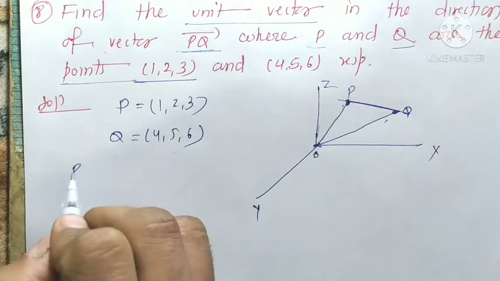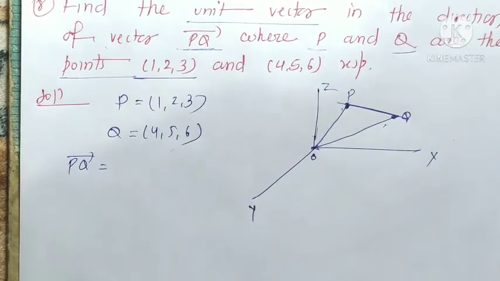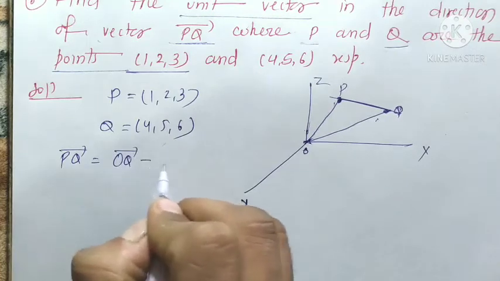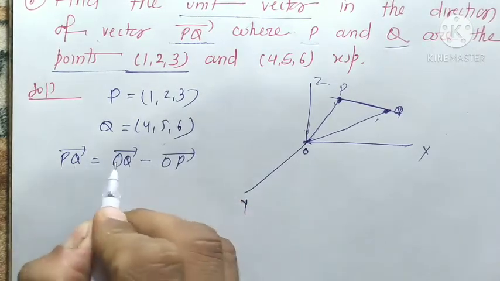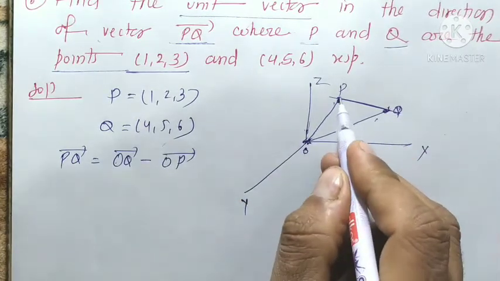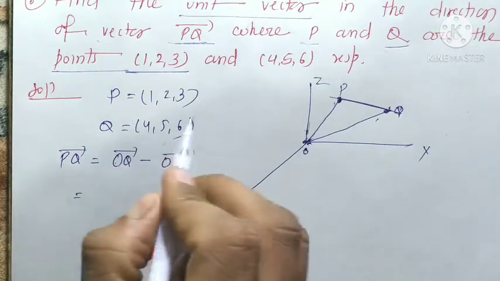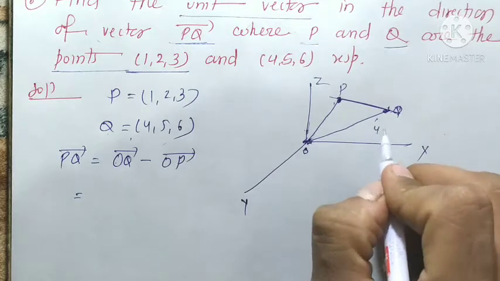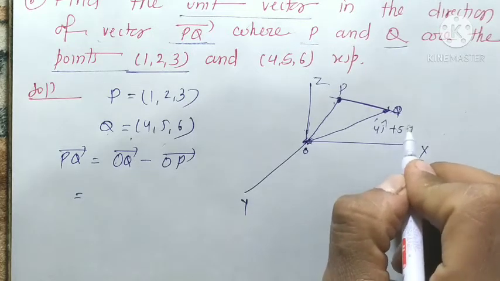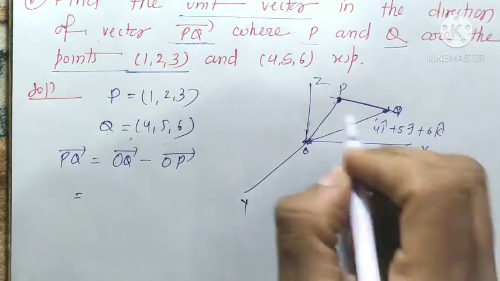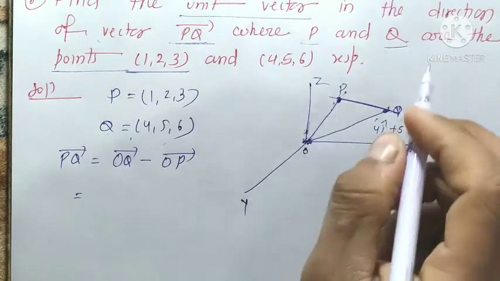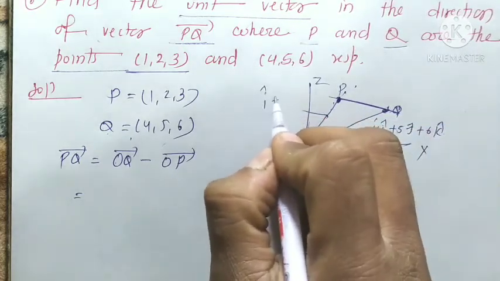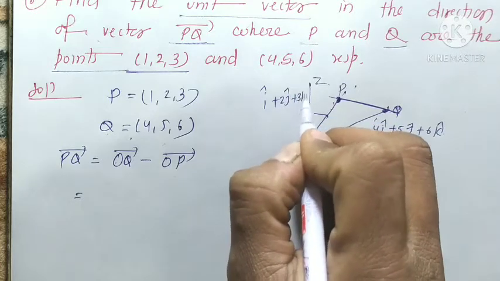So PQ is equal to OQ minus OP. We write it in vector form. OQ represents 4i plus 5j plus 6k, and OP represents i plus 2j plus 3k.